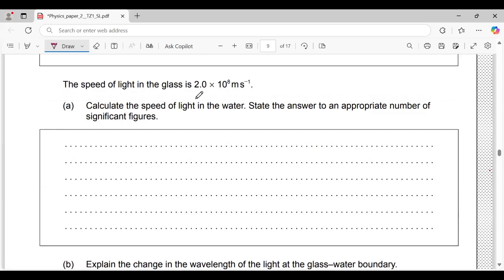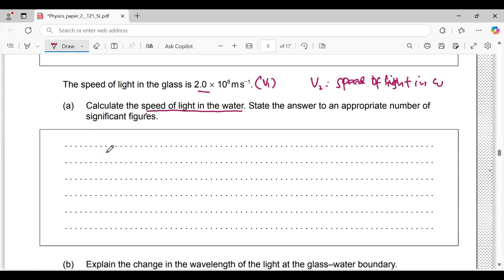This is the speed of light in glass, for me this is V1. The speed of light in water, so it means we are going to find V2. V2 is the speed of light in water. This one.